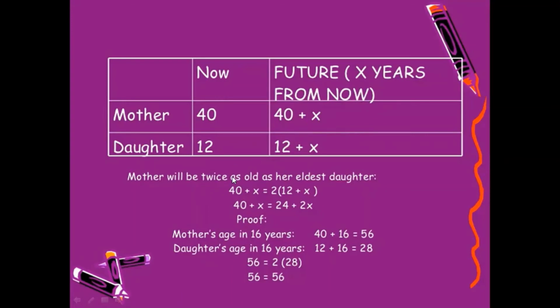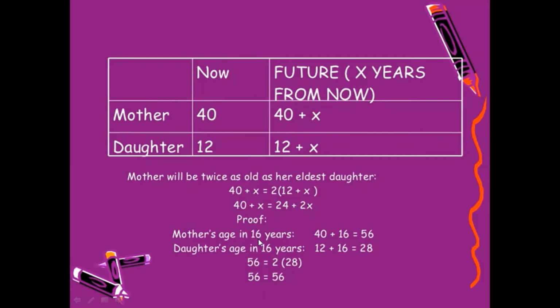Mother will be twice as old as her eldest daughter. So here we have the daughter, and in x years, the time period is not mentioned, but she will be twice. So twice the daughter's age is this one, and 40 plus x is also included, and we are multiplying over here.